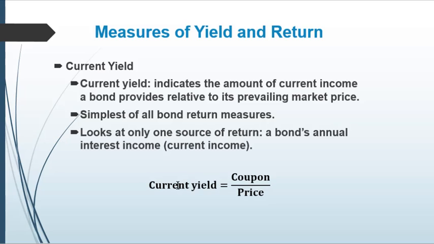It only looks at one source of return. So it only looks at current income. So for this year, again, if the coupon was $100 and if the price was $1,000, the current yield for this year would be 10%. Again, it really just gives us a very quick picture of potential return.